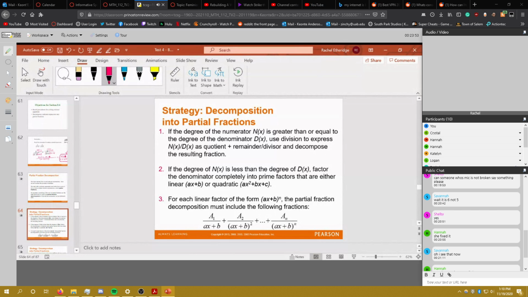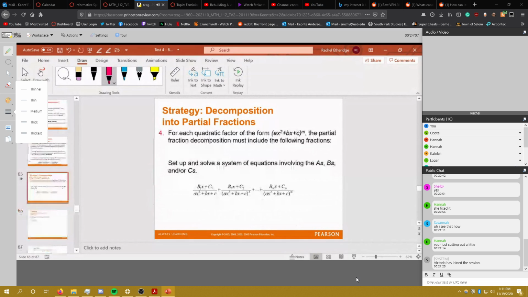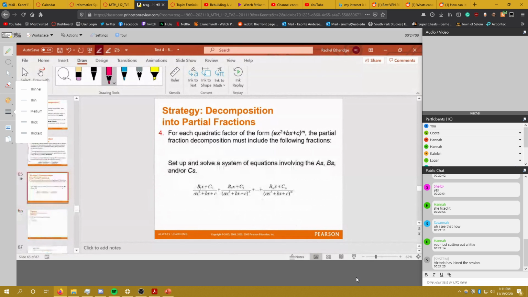And if we have an x squared, a binomial squared, that's called a repeated linear factor. So you're just going to have one extra term to solve for. These three are the only ones we're doing in here. You can do quadratics too, but you have to write a linear term, bx plus c, on top of the quadratic, and solve for those that way.